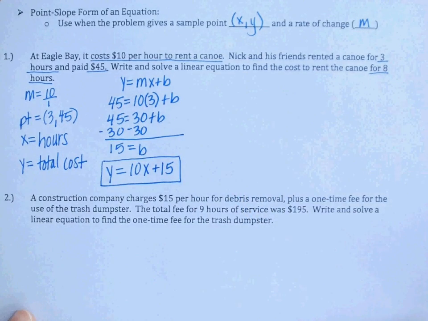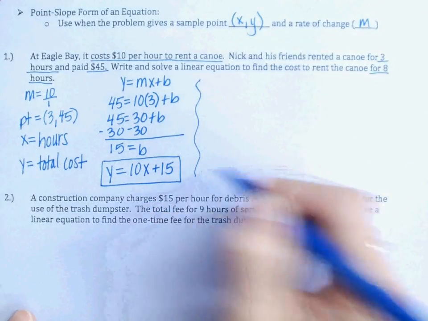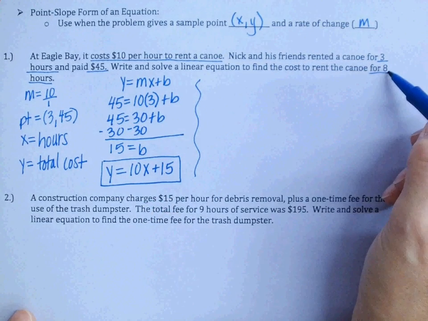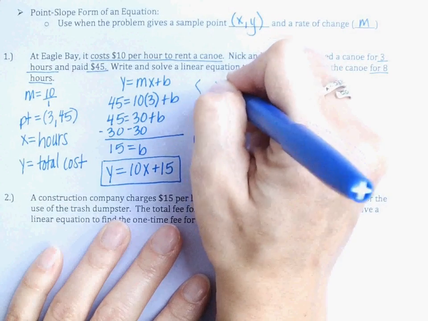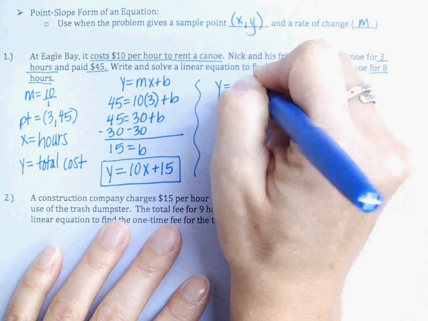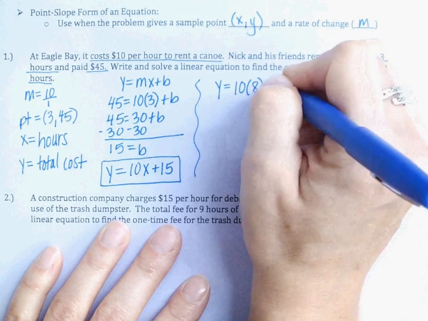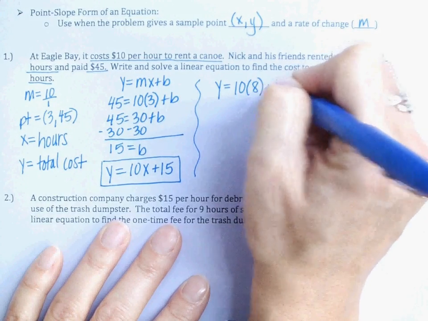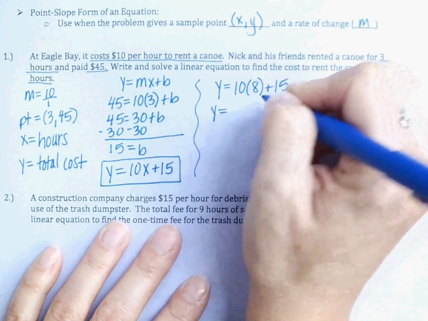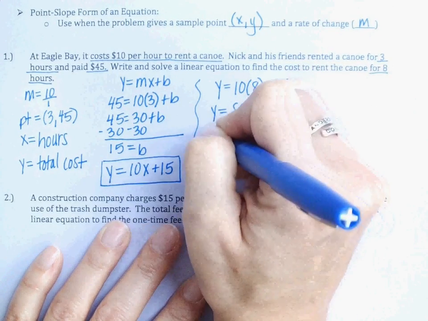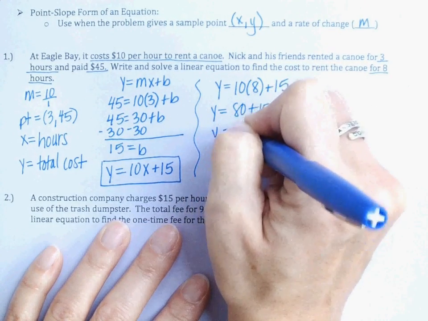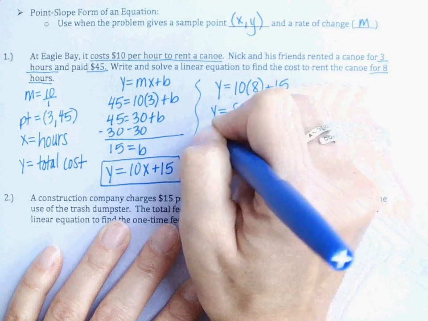Now the last thing that we're going to do is figure out how much it costs to rent for 8 hours. So instead of writing x, we're going to put in 8 for x, simplify and solve. So 10 times 8 is 80. 80 plus 15, $95.